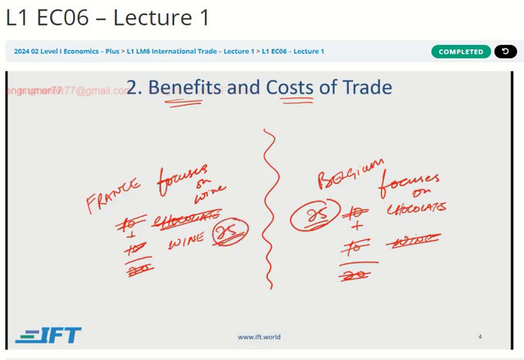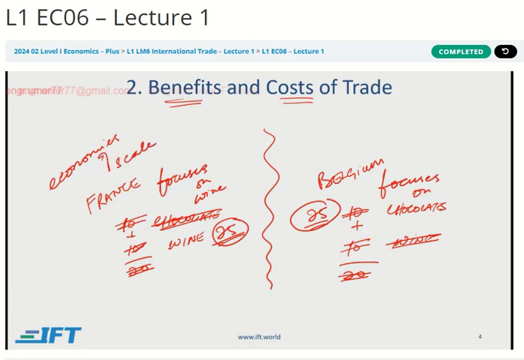Now, why is such specialization or such volume leading to a higher production? Because of something called economies of scale, and we have already studied this before, right?